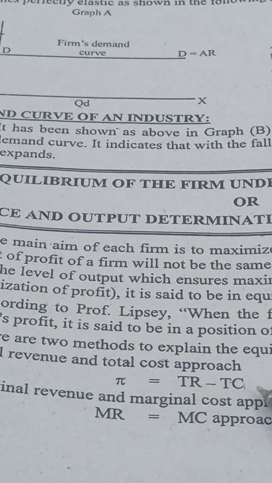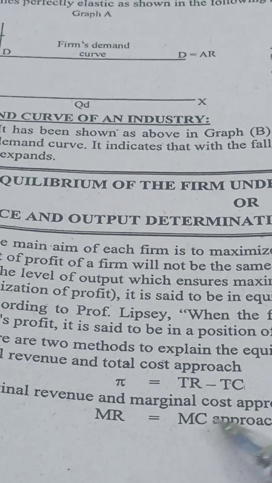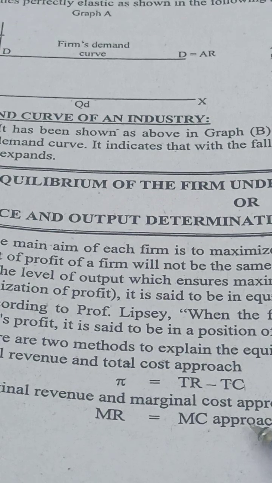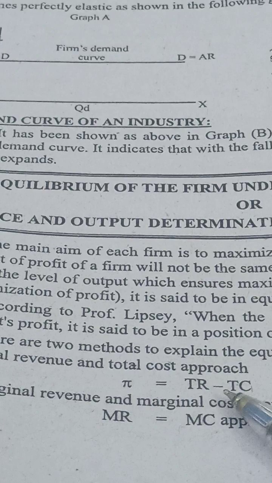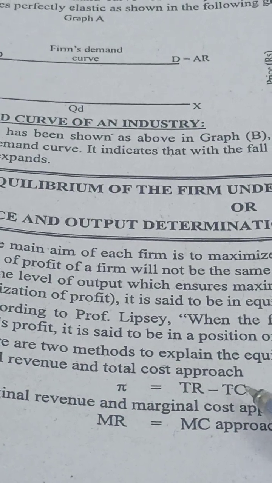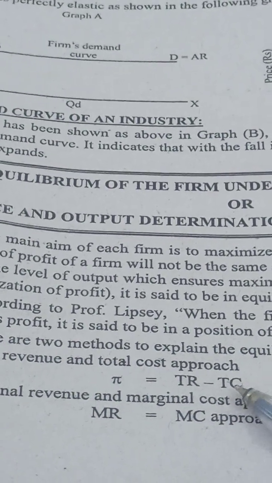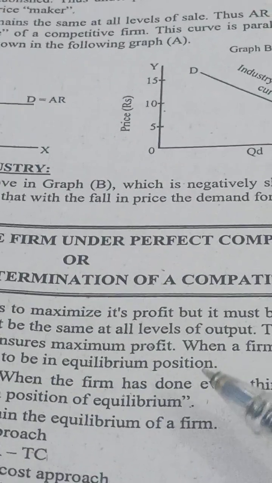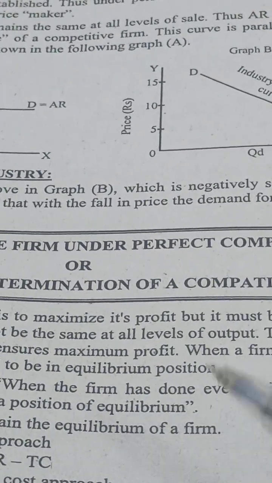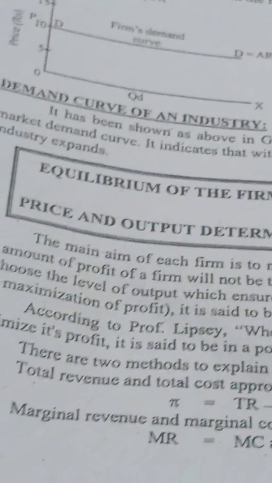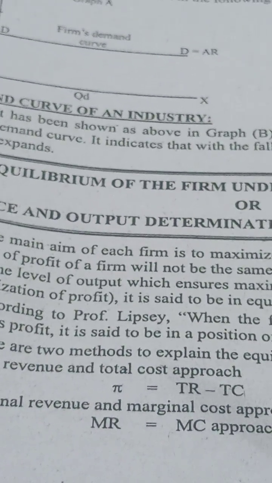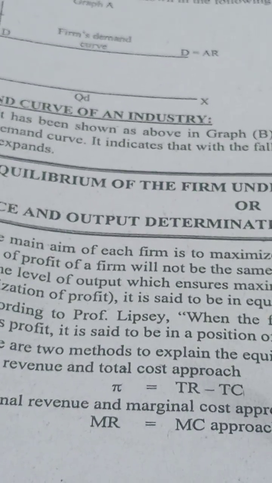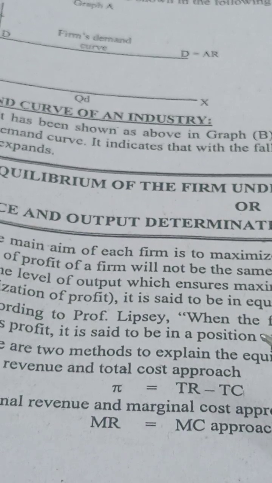The total revenue and cost method is a very simple method. We compare just revenue and cost to get firm equilibrium. The firm equilibrium is the situation in which a firm earns maximum profit or minimum loss.